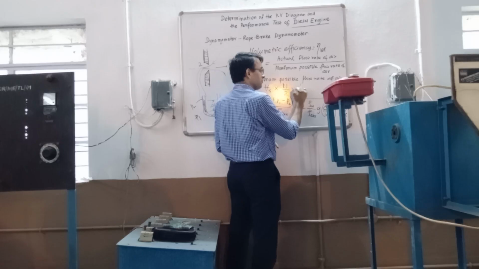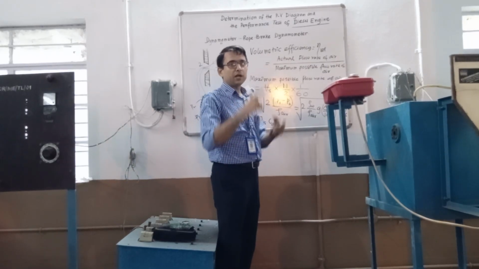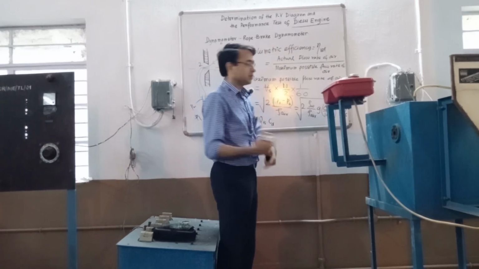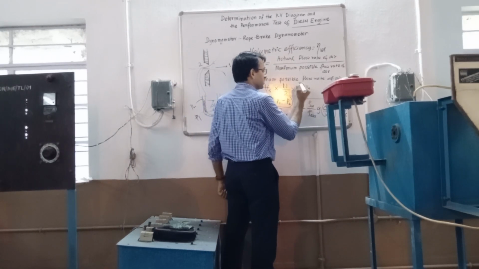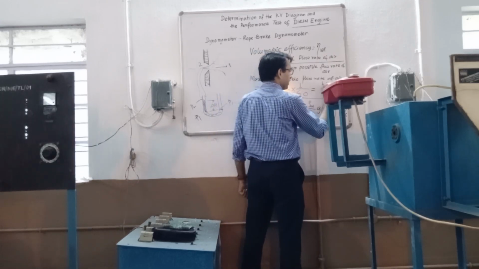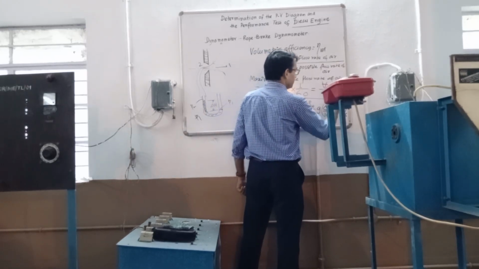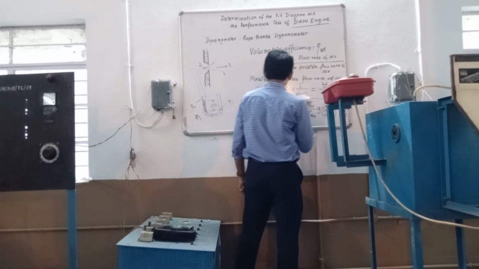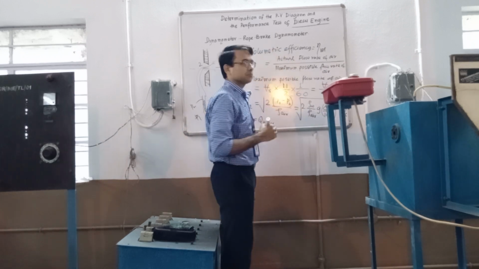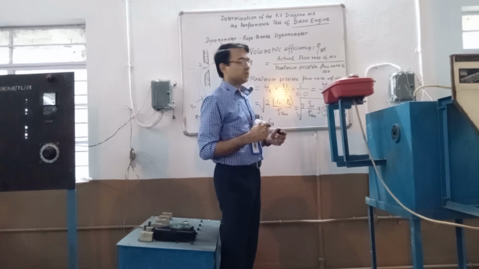Per unit second it is divided by 60. So it will be Vs into N divided by 120 per unit time.